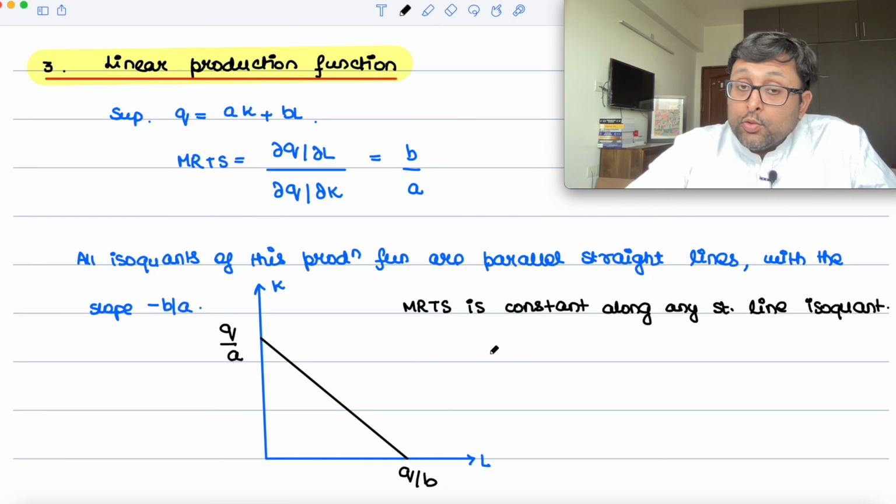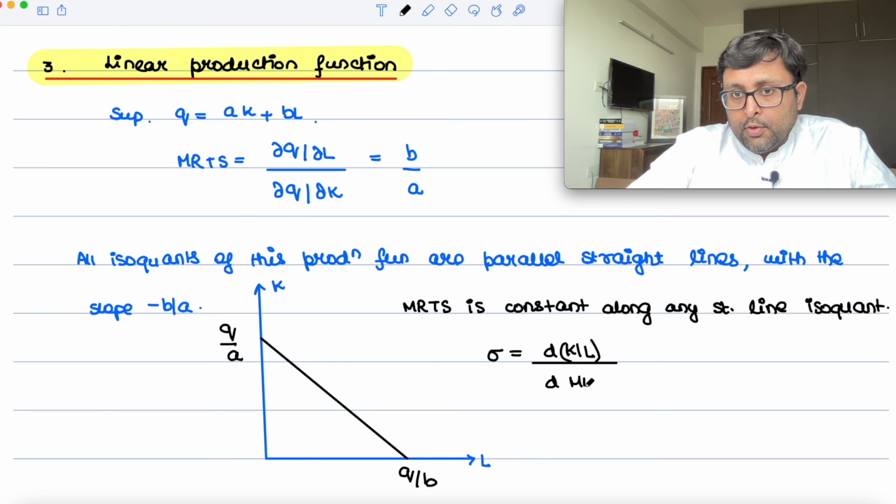Right. So what is the definition of sigma? d K by L upon d MRTS. But K by L might change from this point to this point.